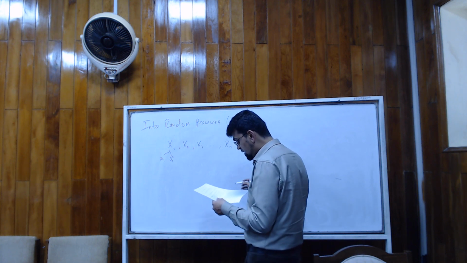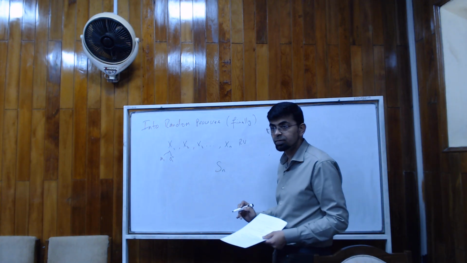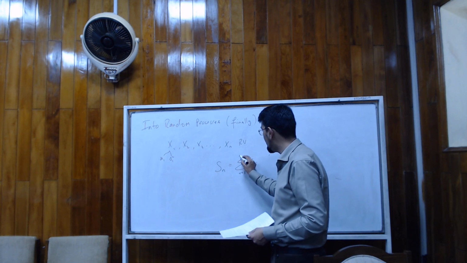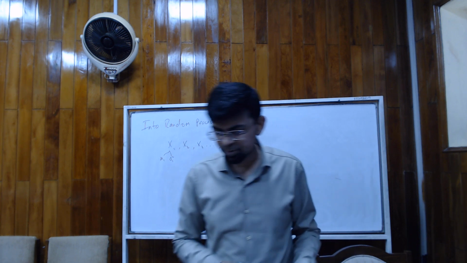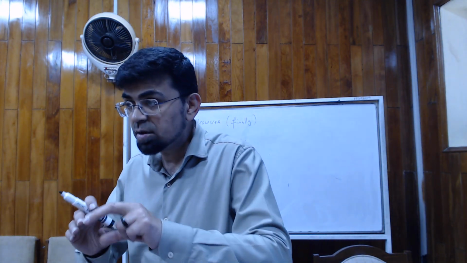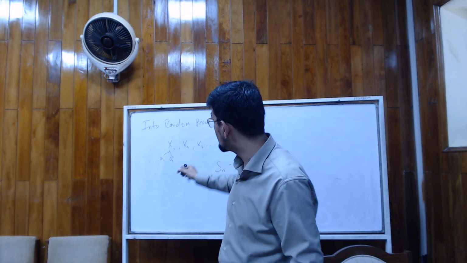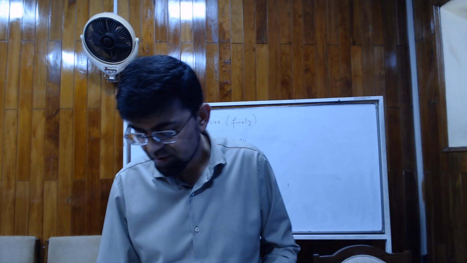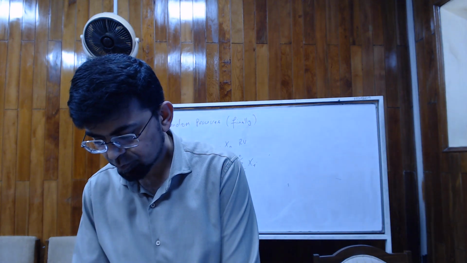Then let's say there is a sum of n random variables, Sn, that is summation xi, i is 1 to n. Clear? What's the mean of this sum? It's a sum of values of a random process. There are many random variables, and the sum will produce another random variable.